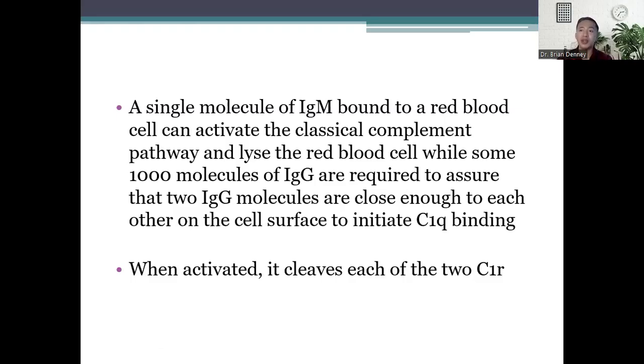And when C1q becomes activated, what happens? The globular heads become bound to CH2 or CH3. It causes the activation of the catalytic and interaction domain of your C1r and C1s.